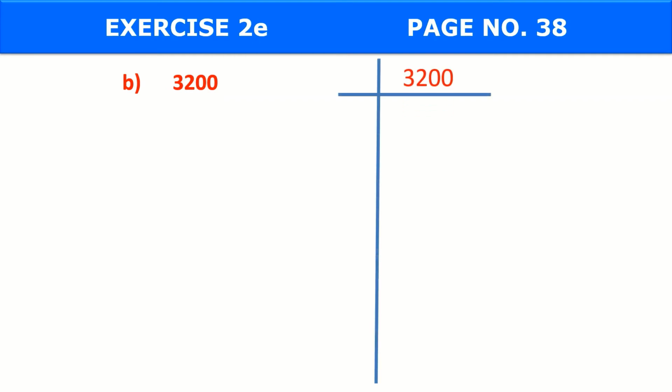Now move to part B of question number 7, exercise 2E, page number 38. Your part B is 3000 (30 to 100). This time you see the numbers are bigger. So again, using the rule of divisibility, we can easily solve this question. Write your number, draw a table, think about the prime number that will divide it completely.